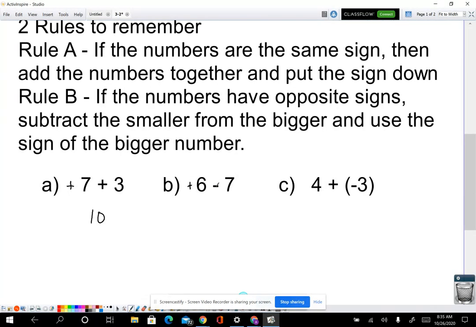So +6 and -7: 7 minus 6 is 1, and the sign from the larger is negative. Then 4 plus a -3 is just another way of writing 4 minus 3, but 4 is the larger one. That's the positive. 3 is the smaller one, so 4 minus 3 is 1. The sign from the larger is positive, so we don't have to put it down there.